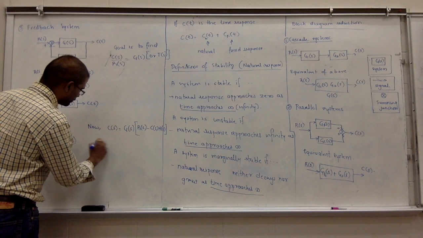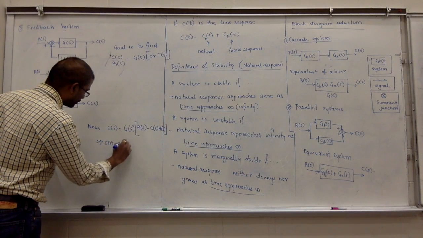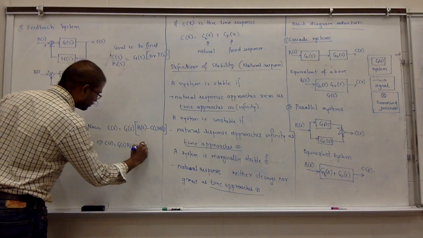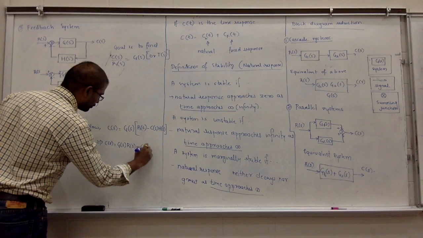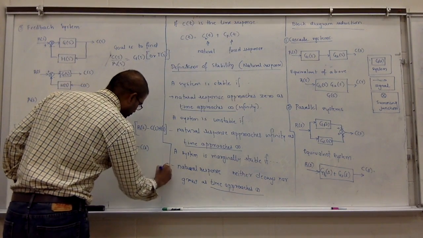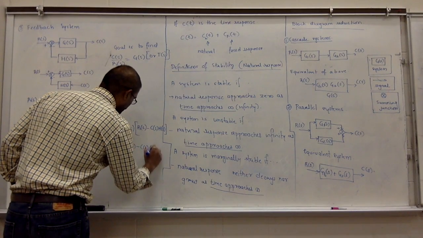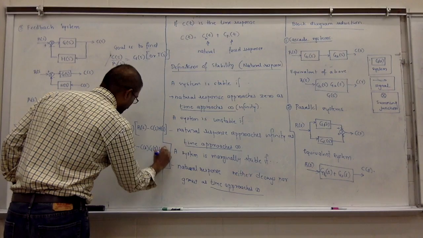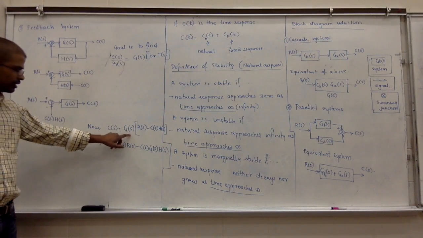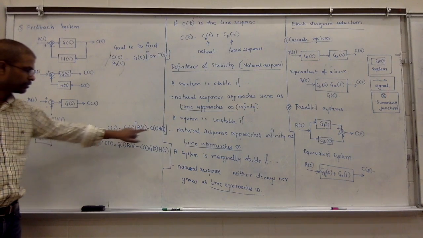Now let's split this a little bit. C of S implies G of S R of S minus C of S G of S H of S. I just distributed this into this, minus this into this into this.